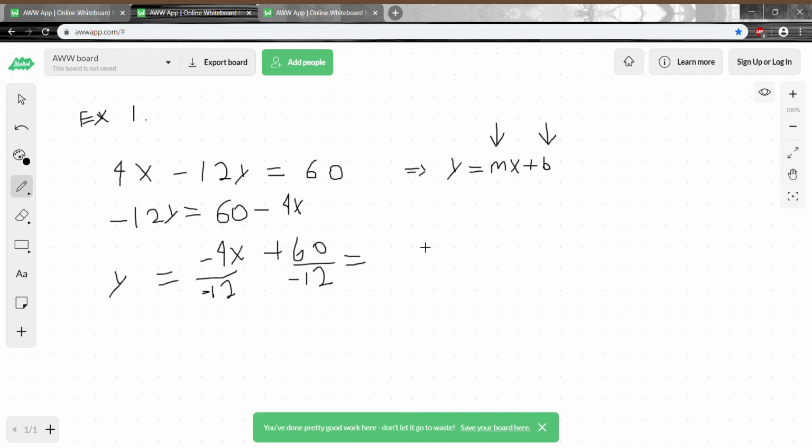So this is y is equal to 1/3 x minus 60 over negative 12 is negative 5. So this equation up here in the general form becomes y equals 1/3 x minus 5 in the slope-intercept form. Converting between the two is just algebra, and it's not tough algebra either. This is stuff that you guys have done, I think.